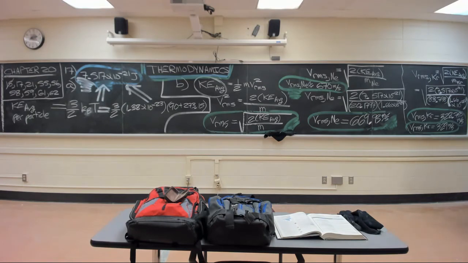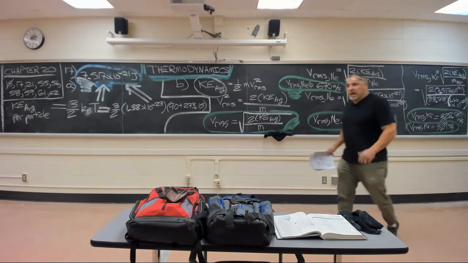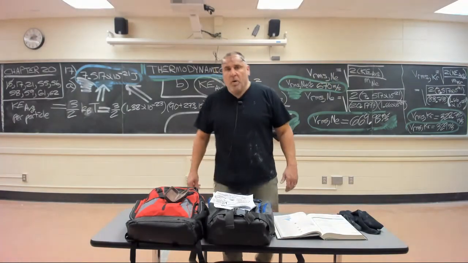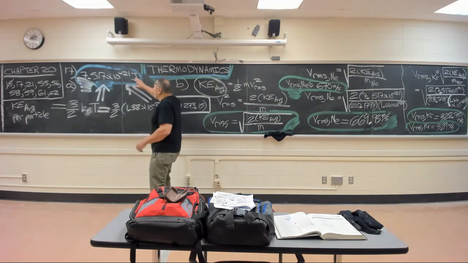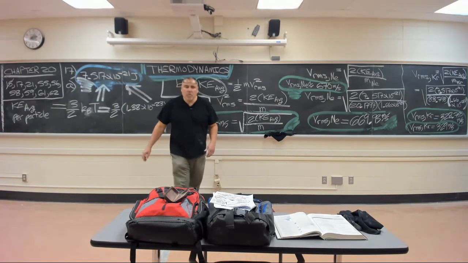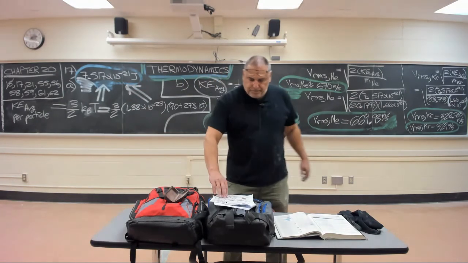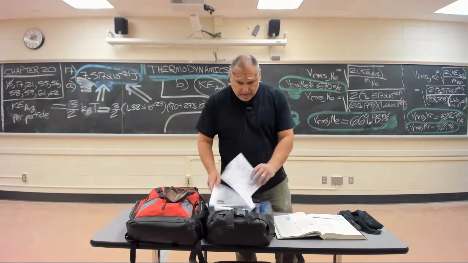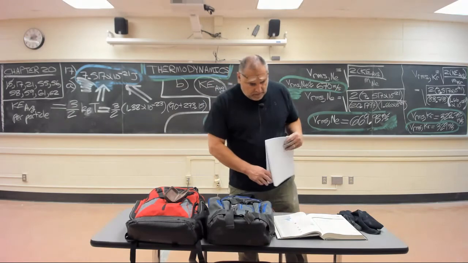It's about half of that. Sure is. I mean, we figured it'd be about half of that. And it is. It's going a lot slower. Substantially slower, but the average kinetic energy of each atom is the same. Okay? What is that average kinetic energy? Well, we said that right here. So we got it right there. Okay? Let's go to 21.